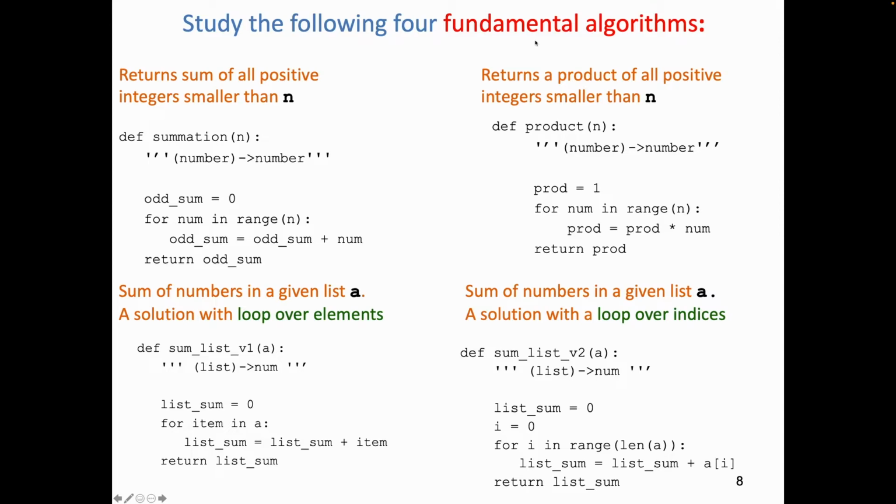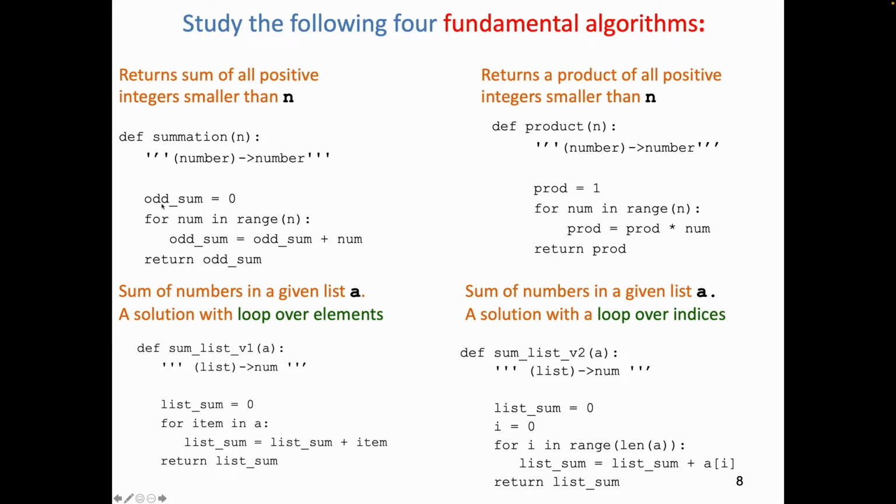Study the following four fundamental algorithms. Return the sum of all positive integers smaller than n. Here the function is named summation, and it accepts one parameter n, and the type construct is number. n is a number, and the return type is also a number. So outsum is equal to 0.